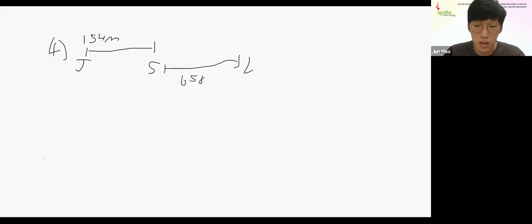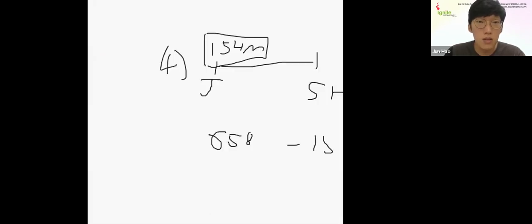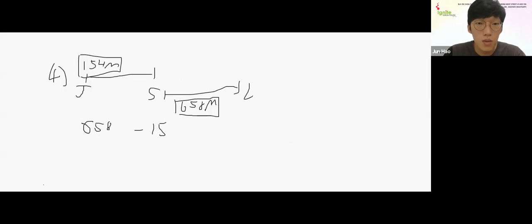It asks what the difference between the two distances is. So the difference will be a minus between 658 and 154. We always use the bigger number minus the smaller number.